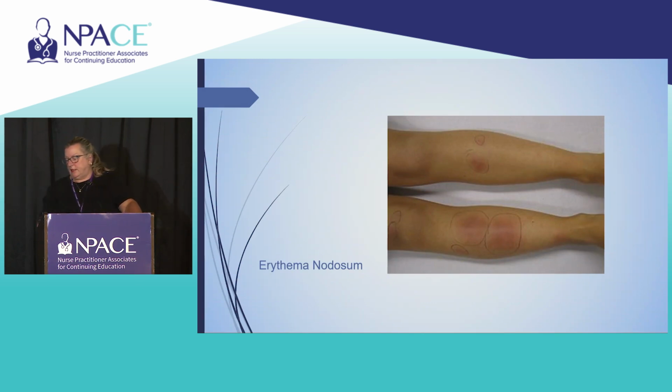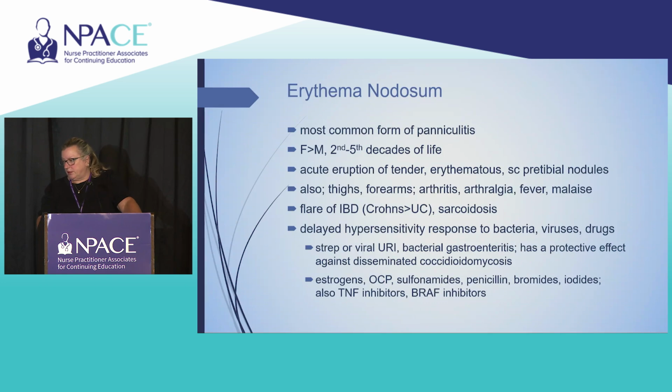They're very sensitive, and that is associated with sarcoidosis, and it is also associated with flares of irritable bowel disease. It can develop from a hypersensitivity response to bacteria or viruses, but most often you're going to see that with sarcoidosis or irritable bowel.